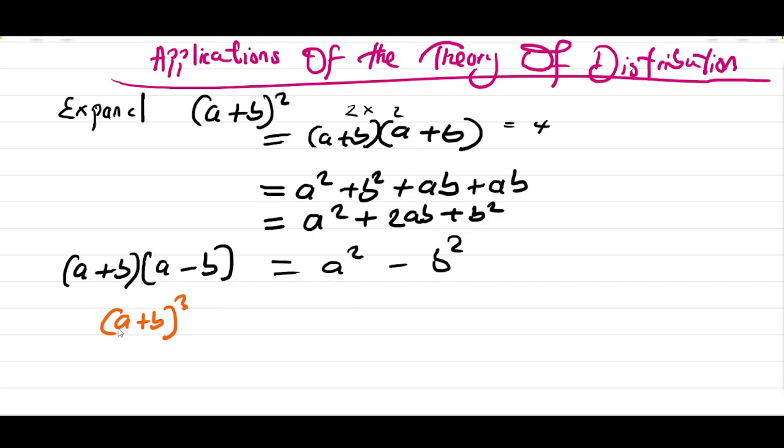So how many distinct products can we form from a and b, where we take 3 at a time? So in this case now, we may have a cubed, because if you expand this thing here, just like what we did before in our previous expansion, we had a plus b, we have c plus d, and we had e plus f.